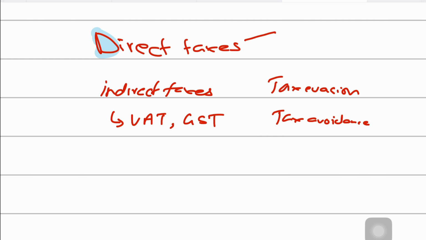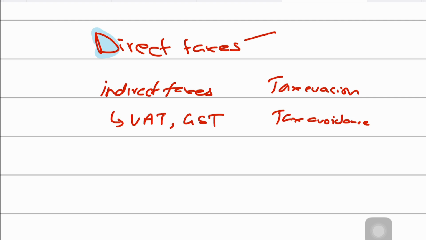And one point I forgot to mention about direct taxes was that by adjusting direct tax rates or adjusting the thresholds of the direct taxes, that is the income tax bands, you can actually target high income earners and profitable businesses, potentially increasing your tax revenue collections without significantly impacting lower income households.